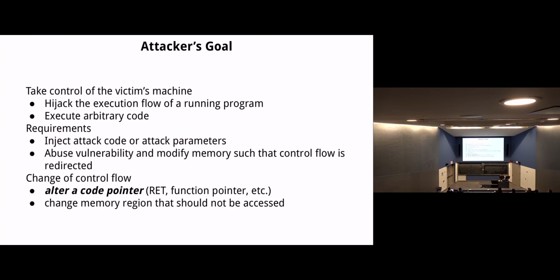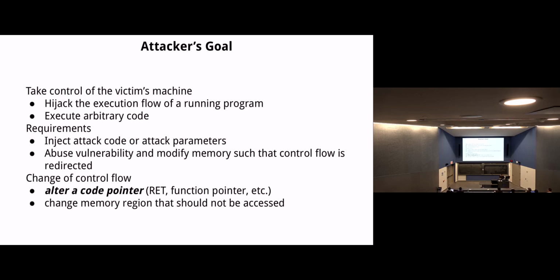Obviously, the attacker wants to take full control of the computer, and usually that's a remote computer, so the attacker can only access that through the internet. Here, when we say access, probably just some communicating. It could be a web server. The attacker wants to send messages to the web server, like HTTP requests, and eventually fully control that machine.